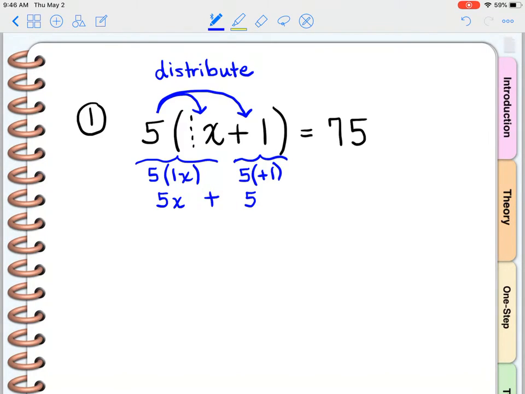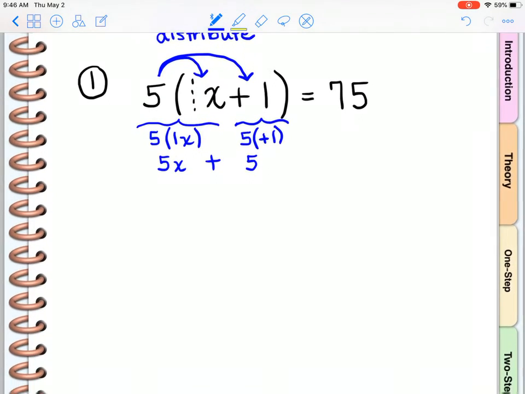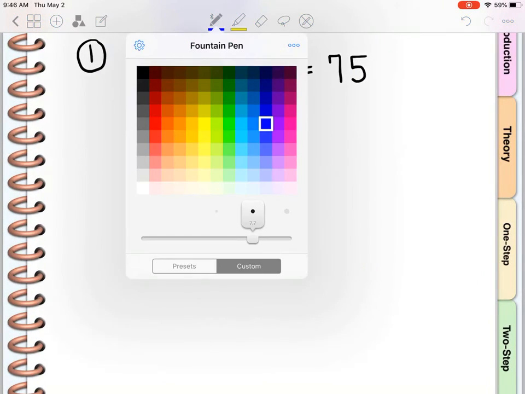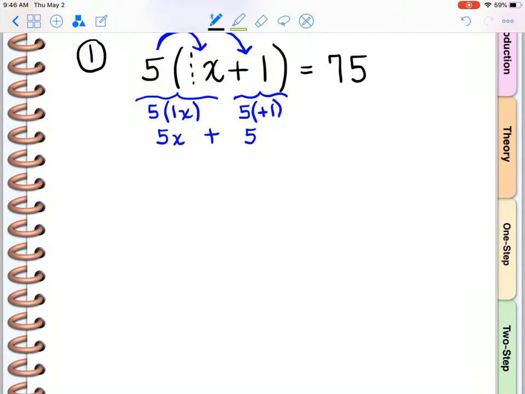So we end up with this simplified version of this left side. And we need to do that before we can do the frame. So you never want to put parentheses into your solving frame. So here's what we're going to have to solve.